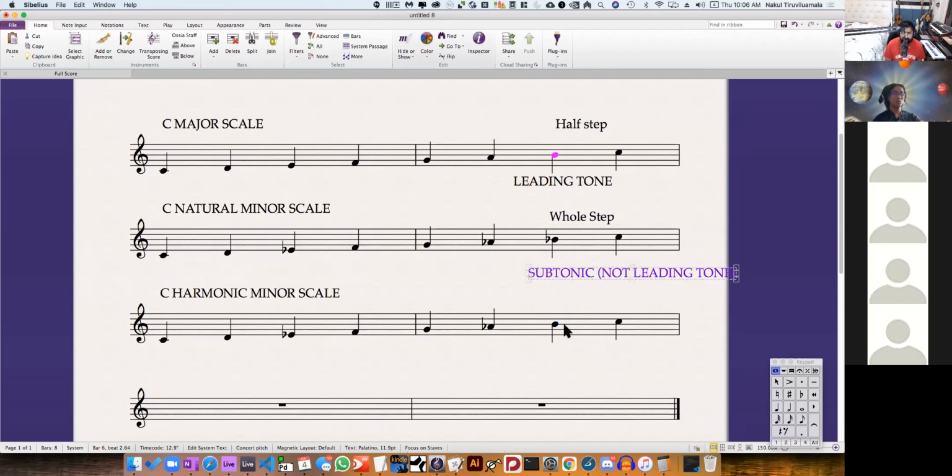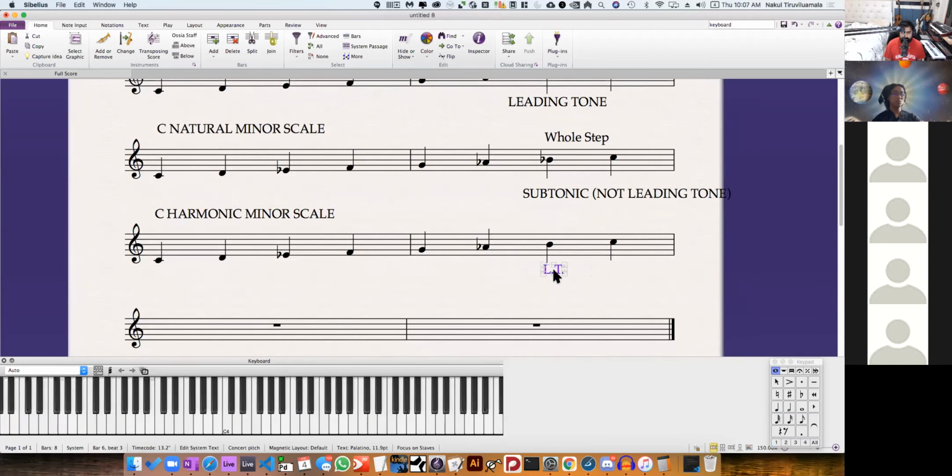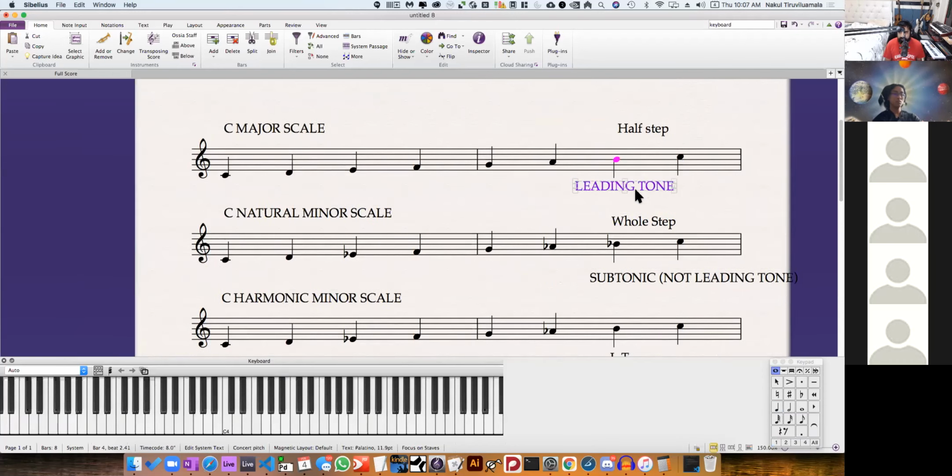Right? Now this right here, though, from here to here, is this a whole step or half step? A B to a C is most certainly a half step, right? Okay, so this right here, I'm just going to write leading tone, just for abbreviation's sake.